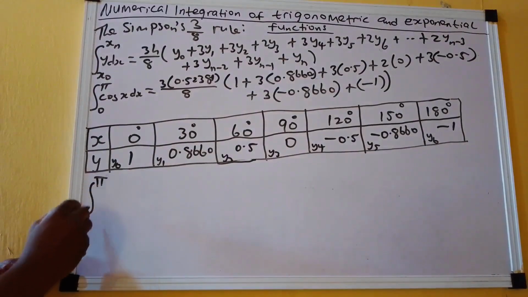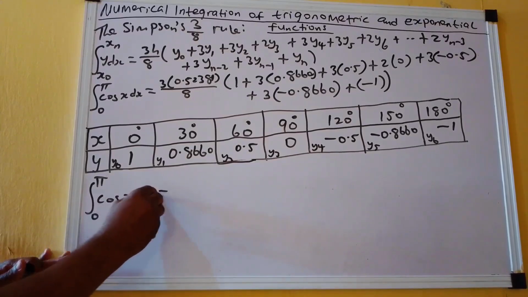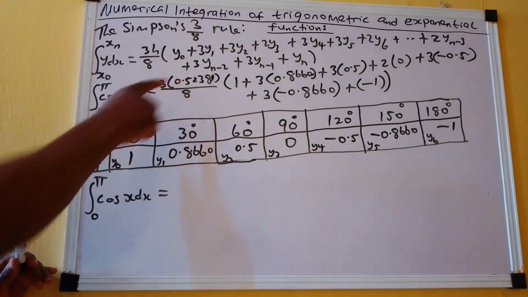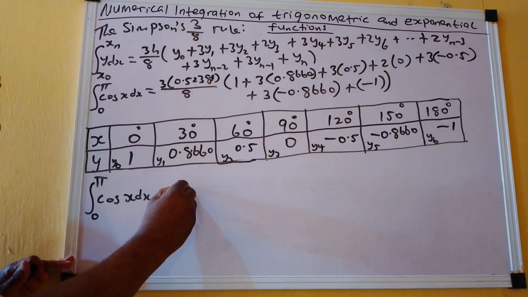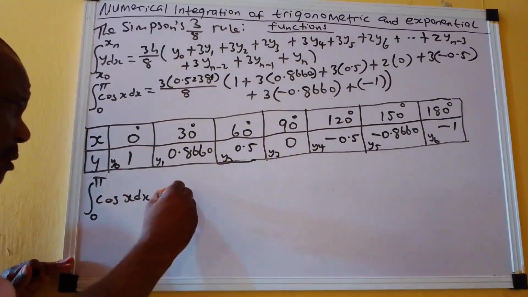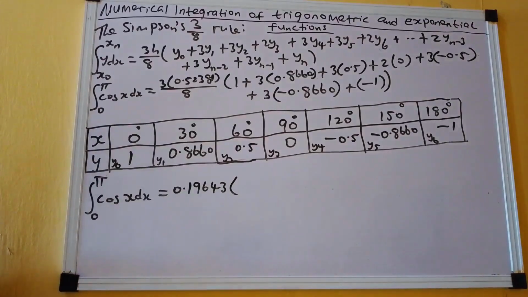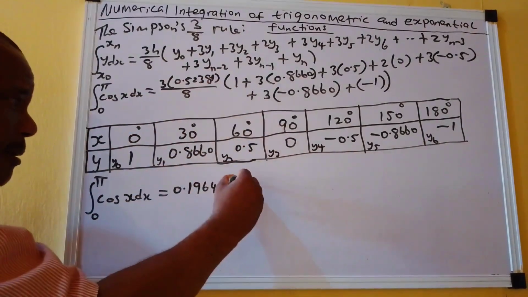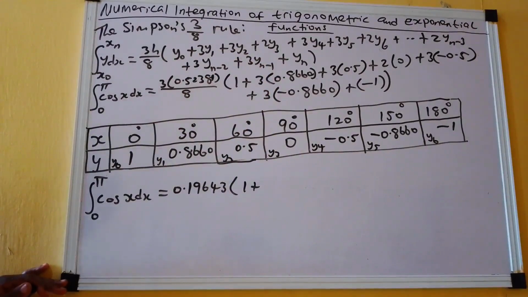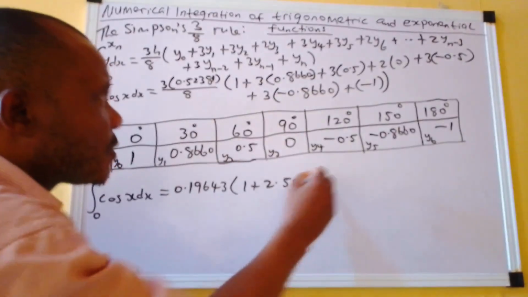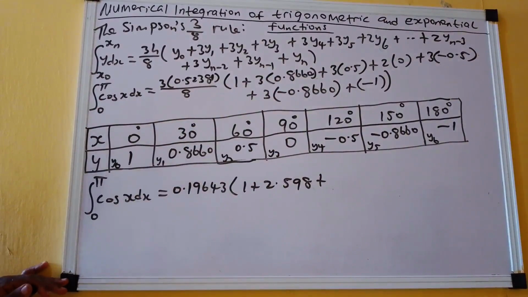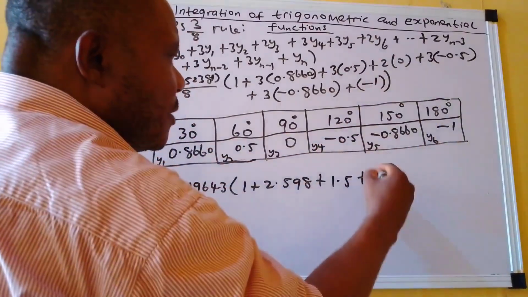So our integral from 0 to pi of cos x dx will now be equal to, when you multiply 3 by that particular value and divide it by 8, 0.19643 into the bracket. When you carry out the multiplication, this will be 1 plus 3 into 0.8660, which is 2.598, then plus 3 times 0.5, which is 1.5, plus 2 times 0, which is 0.